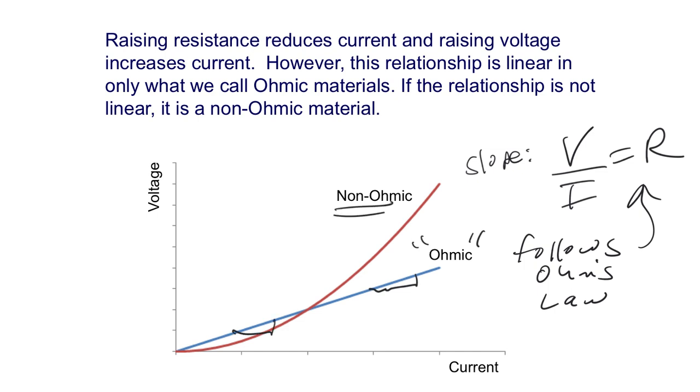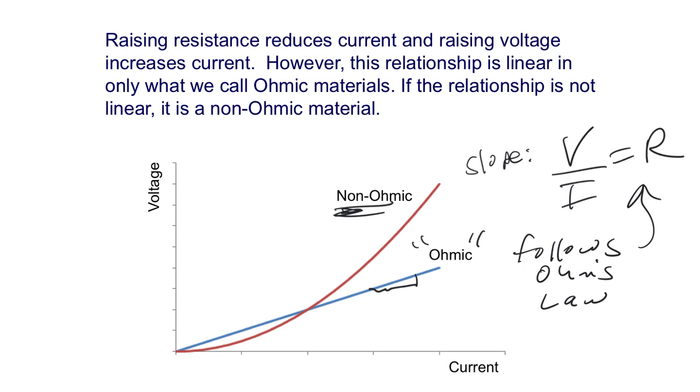Now for non-ohmic conductors, the resistance increases with increasing current because something happens inside the wire that makes it have a higher resistance.